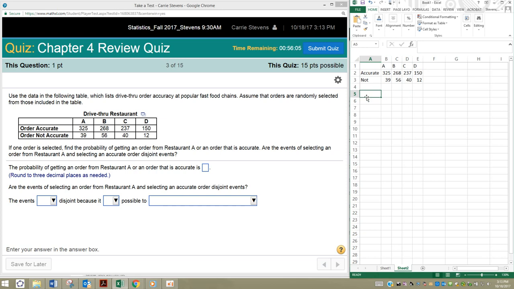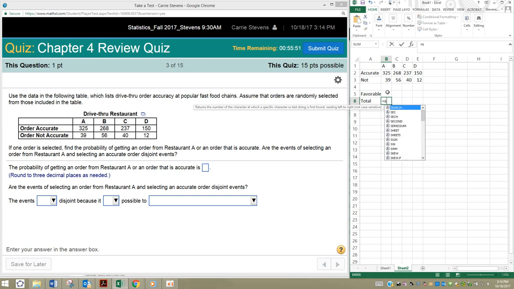First of all, my answer is going to be favorable outcomes over total outcomes. So the total is the sum of all of these.